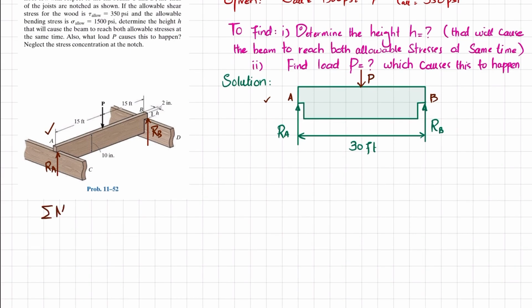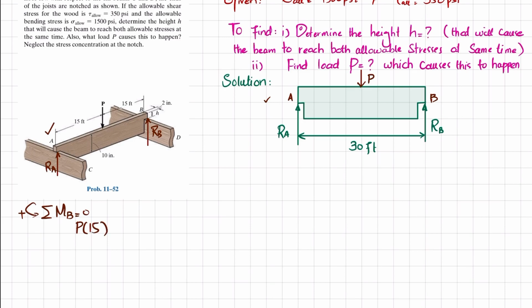The first equilibrium condition is the sum of all moments about point B equal to 0, taking counterclockwise moment as positive. About point B, one load is P and the perpendicular distance is 15 feet, and this produces counterclockwise moment, so it is positive. So I will write P into 15.